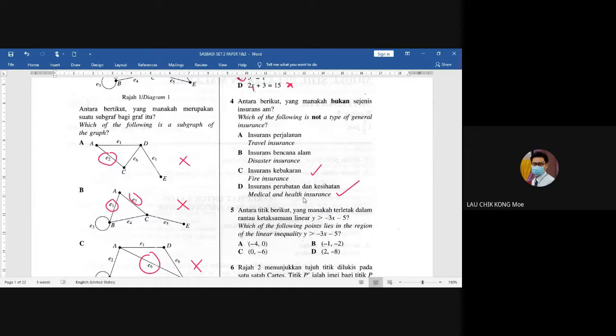Kali ini saya buat medical and health insurance. Saya sudah beritahu tadi. Personal accidents and travel insurance ada. Kita ada 5 general. So sini sudah ada 3 lah. So disaster insurance itu bukan general insurance. Oh, very easy, number 4.